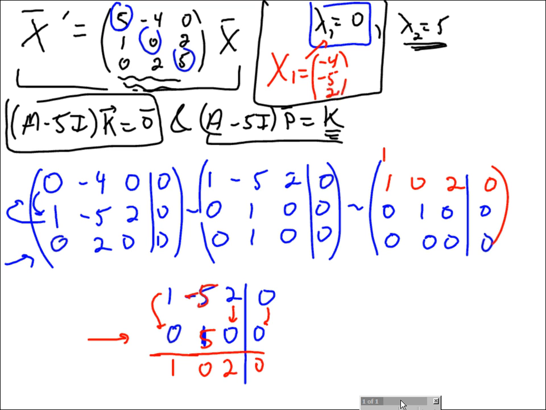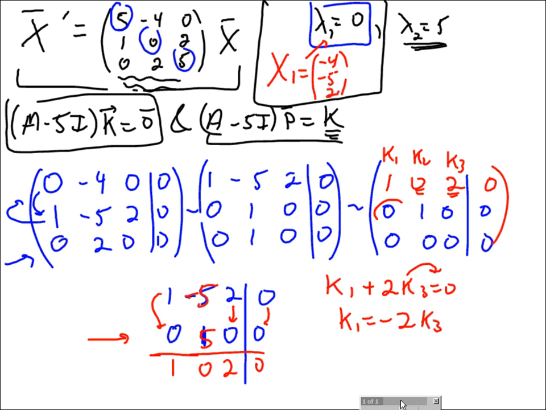And the variables are k1, k2, and k3. So 1k1 plus no k2s plus 2 k3s is 0. That means k1 is negative 2 times what k3 is. The second row says that k2 is equal to 0. Okay, so I'll let k3 be some number. Let k3 equal 1.